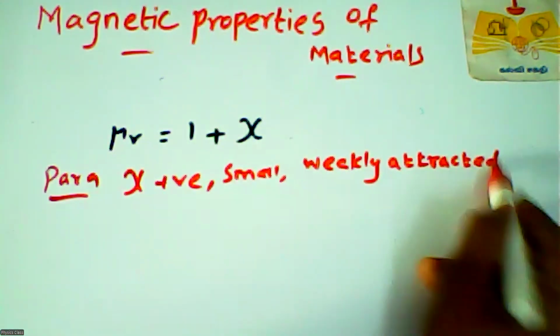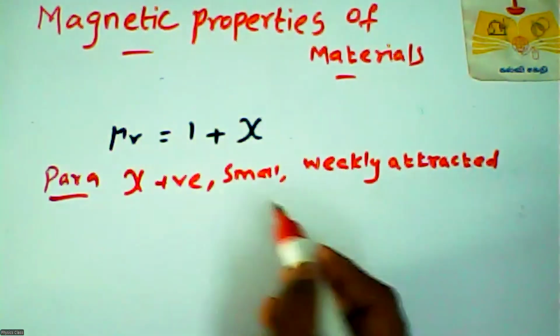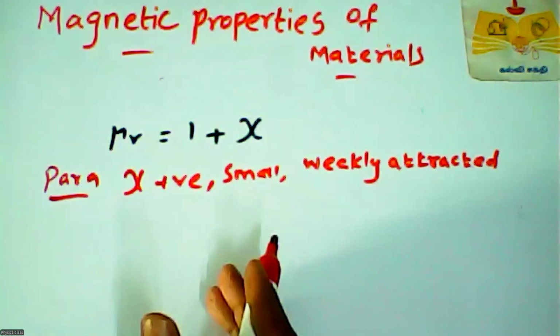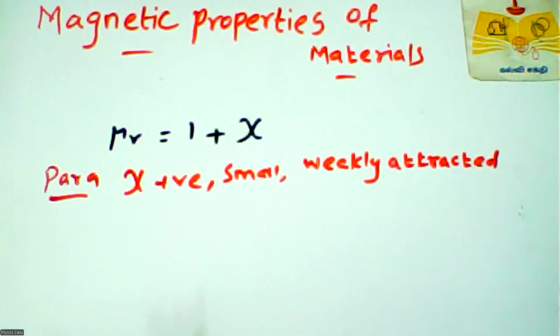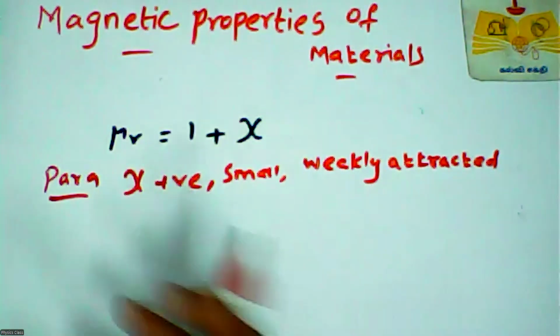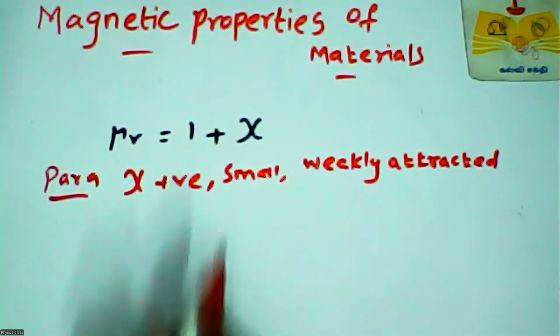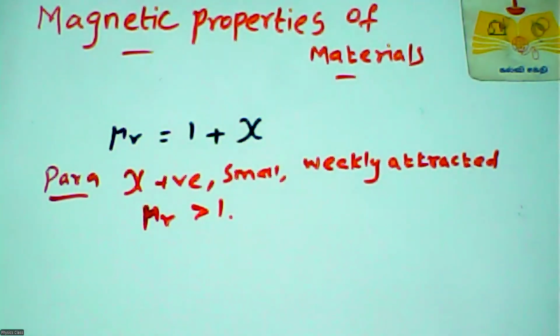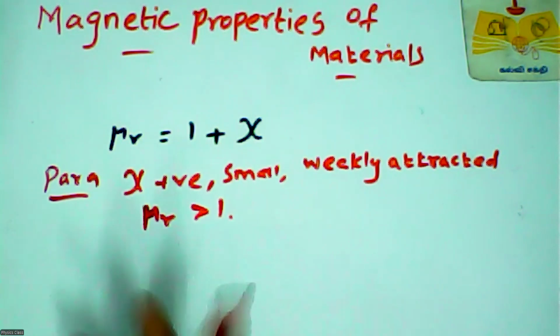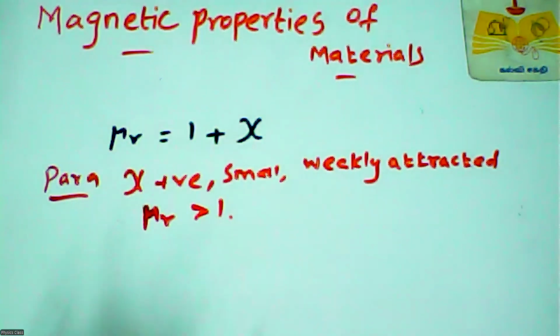So diamagnetic is repelled, but paramagnetic is weakly attracted to the field, moving from weaker region to strong field region, and mu r is greater than 1. For diamagnetic, relative permeability is less than 1. For paramagnetic, mu r is greater than 1.